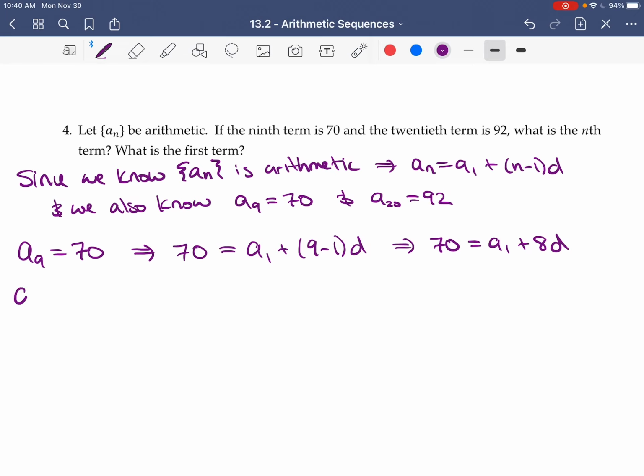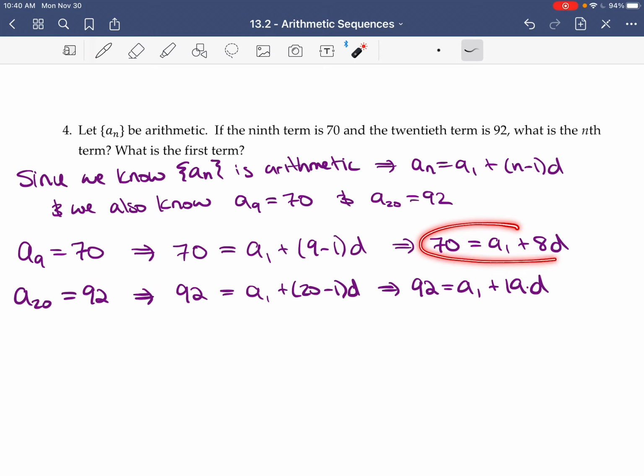Now a20 equals 92 means that 92 is a1 plus 20 minus 1 times d. So that's 92 equals a1 plus 19d. Now I have two equations with two unknowns, a1 and d, so I can solve this.